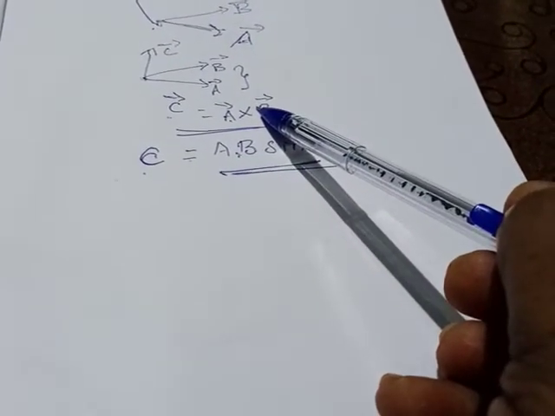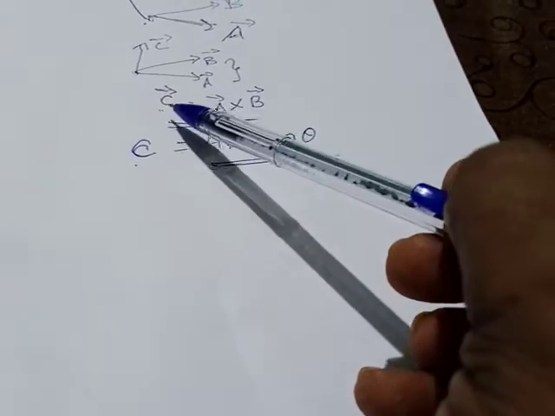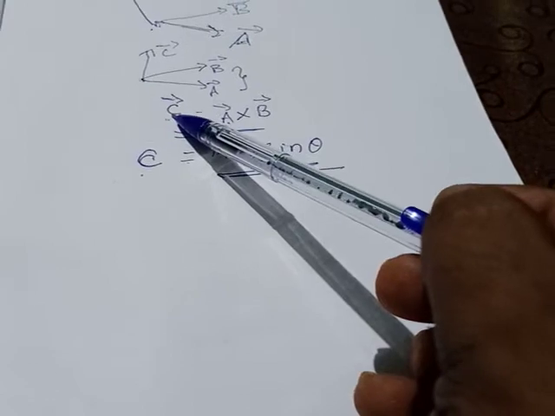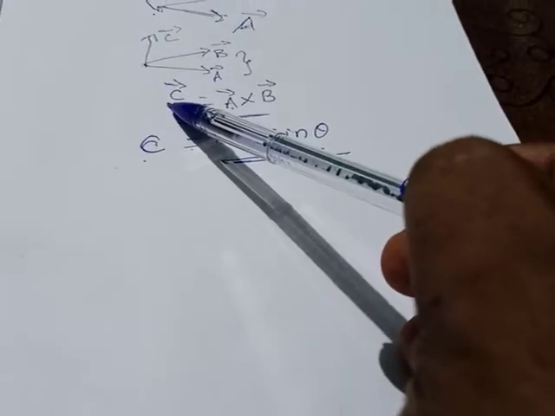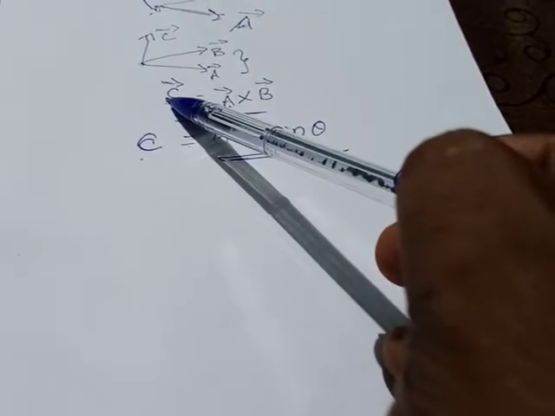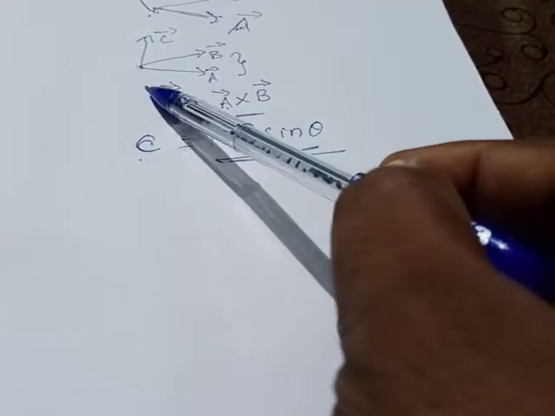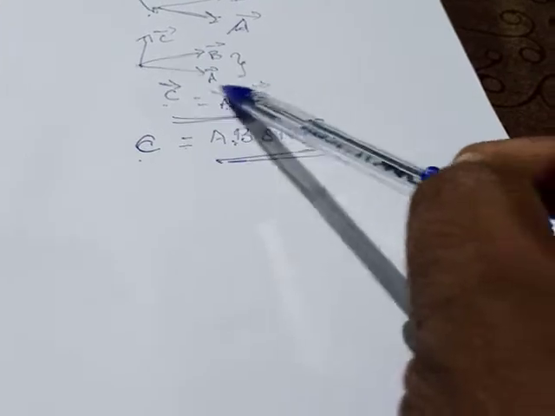So this A cross B is the product of these two vectors. We can define it by using another vector which is called C vector, which is equal to this vector product or cross product of these two vectors.